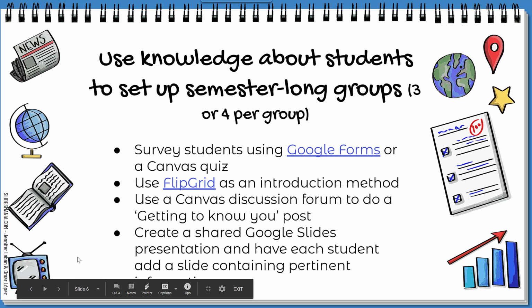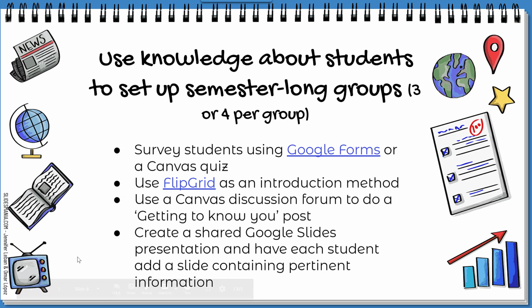That way, for example, if I have a lot of elementary students in my class, I can decide to create groups that are all elementary. Or if I'm doing a class with a group of technology endorsement students versus literacy students, I can set up my groups so that the literacy people are in one group and the technology people are in another.